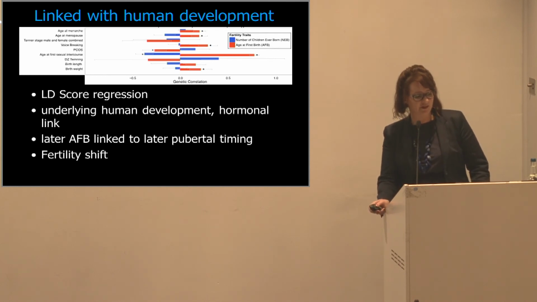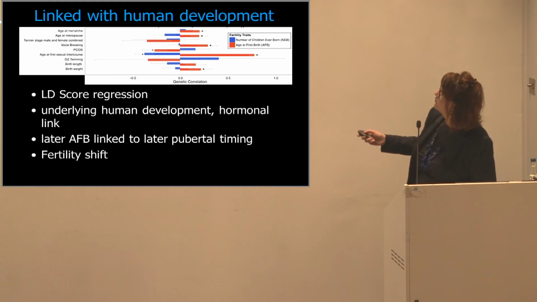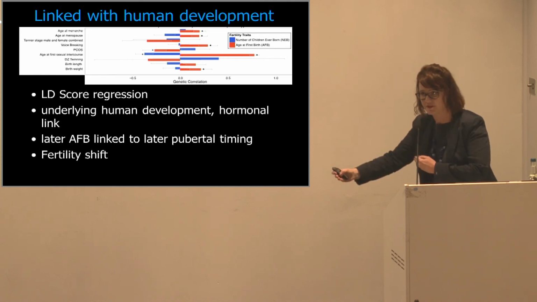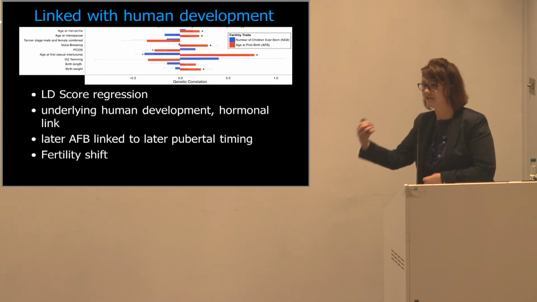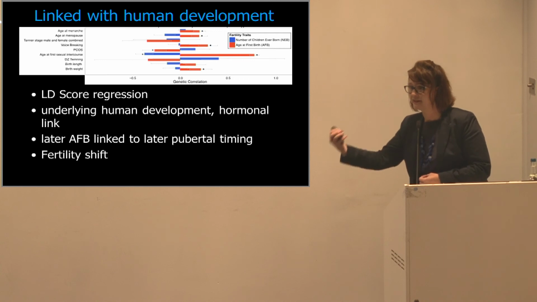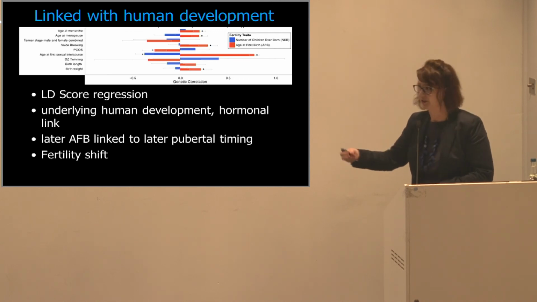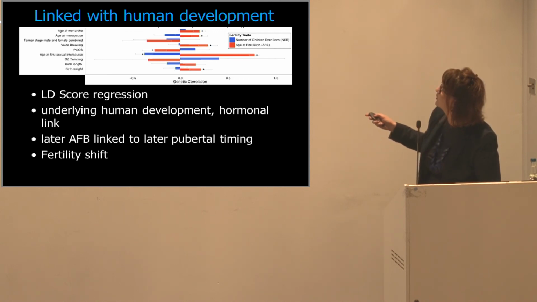When we looked at LD score regression, we really found that there was a link. So this is age at first sexual intercourse with age at first birth. So later first sexual intercourse, or genetic propensity to later first sexual intercourse, goes with later age at first birth, genetic propensity. So there's an overlap. But as well with voice breaking in boys and age at menarche and menopause.